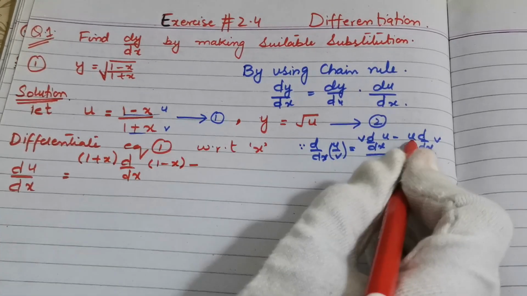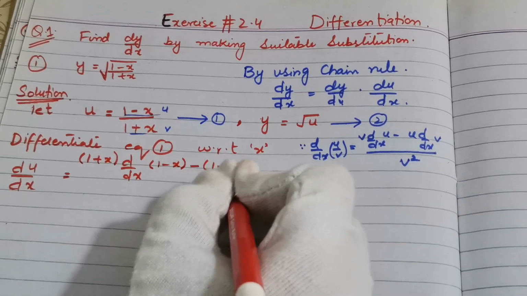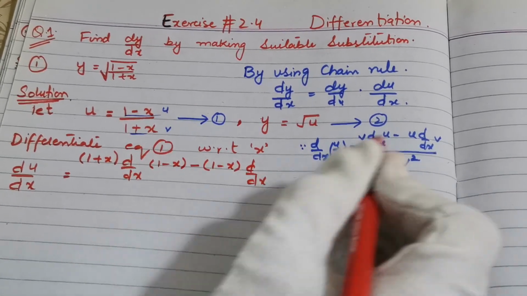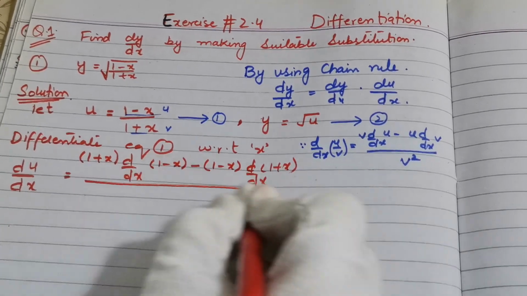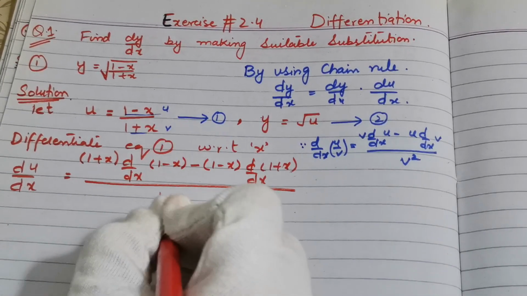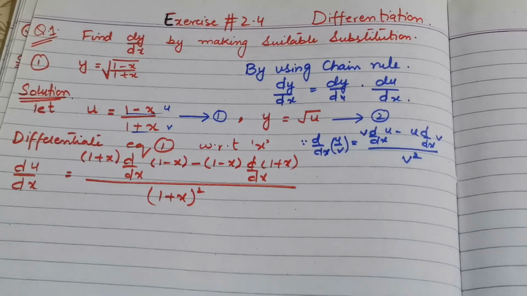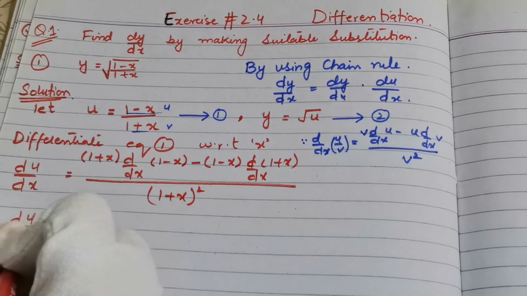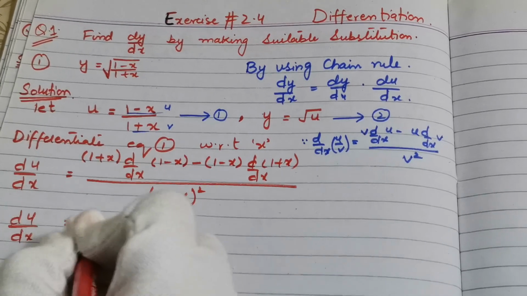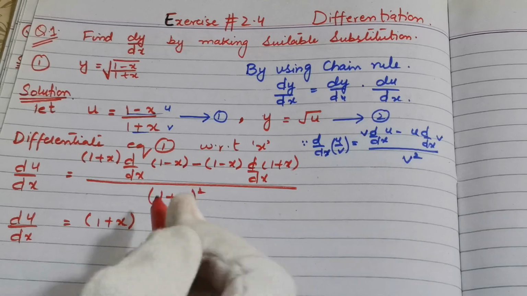So derivative is v, that is 1 plus x, times derivative of u, minus u, that is 1 minus x, times derivative of v, whole divided by v square. V square is (1 plus x) whole square. Du by dx is equal to 1 plus x as it is.